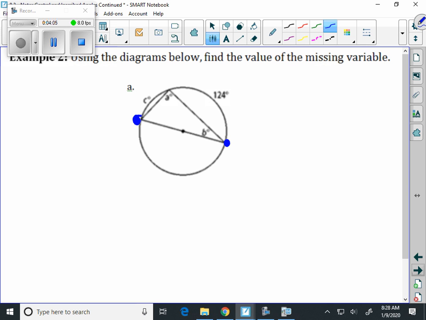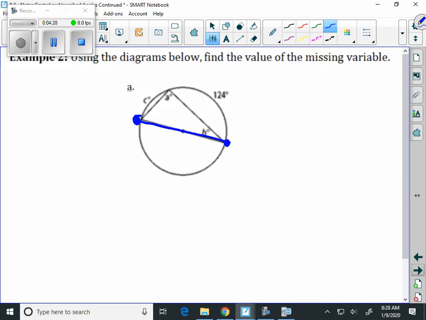It's not B here, and I need to kind of start over again in terms of my explanation, but the first thing that I look at is defining the fact that this value is a diameter. Goes through the center of the circle, has the endpoints on each side of the circle.